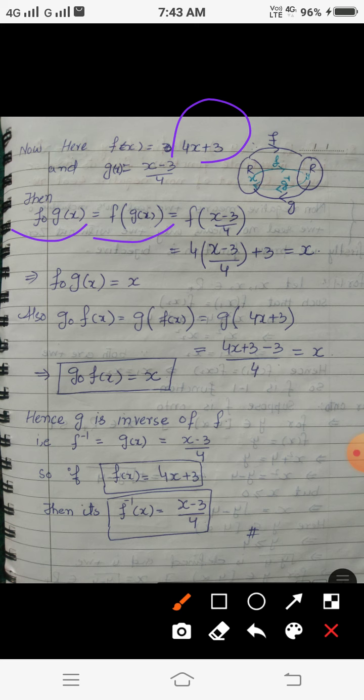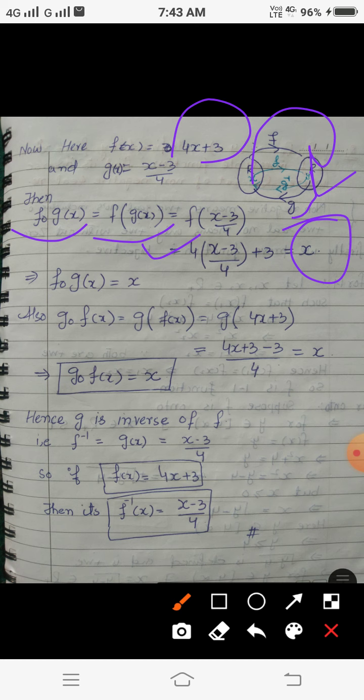Replacing x by (x - 3)/4, it is 4 times (x - 3)/4 plus 3. Now the 4s cancel, and +3 and -3 cancel, and we get x. So f∘g is the identity function, because x is mapped to x for arbitrary x.